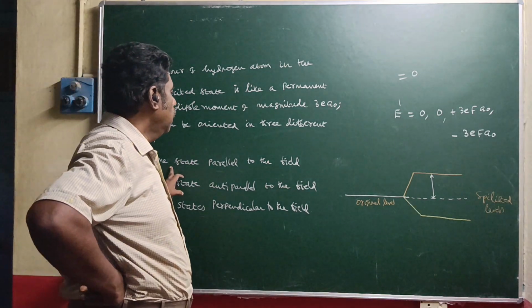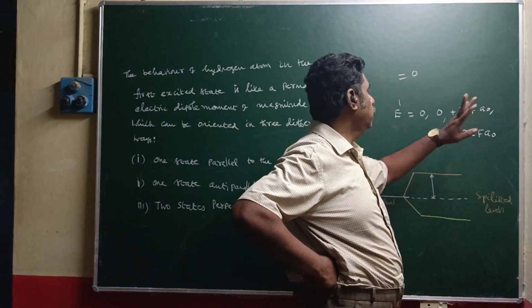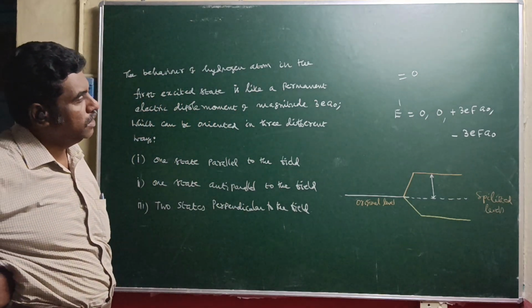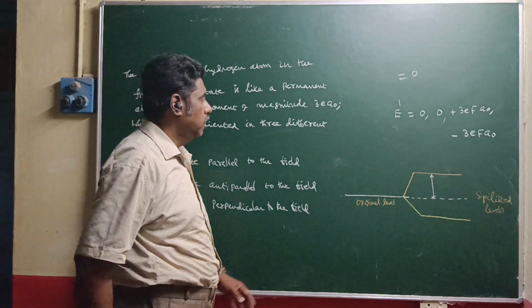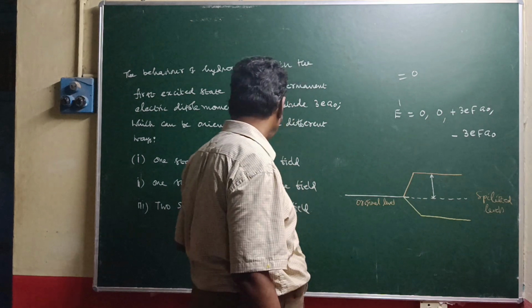One state is parallel to the field, the positive value 3eFa0. One state is anti-parallel to the field, minus 3eFa0. Two states are perpendicular to the field, the 0 and 0 roots.